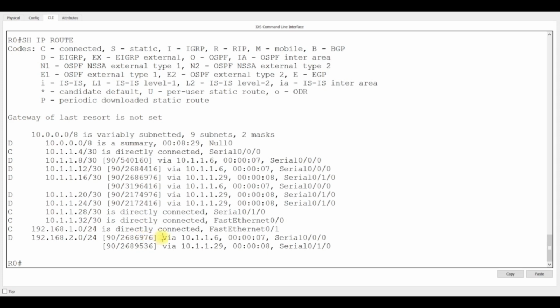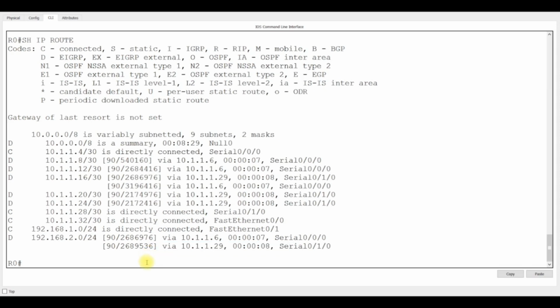Even though this interface is going gigabit speed, this one is only going 1.544 megabits per second, which is the default. By using the variance multiplier, I told it, hey, listen, let's send traffic across both of these interfaces. And sure enough, it did. It recalculated and said, okay, let's include these two interfaces. We lowered the bandwidth on the FastEthernet so much that it's not even looking at that interface to put it in the routing table. And that's what the variance command does.